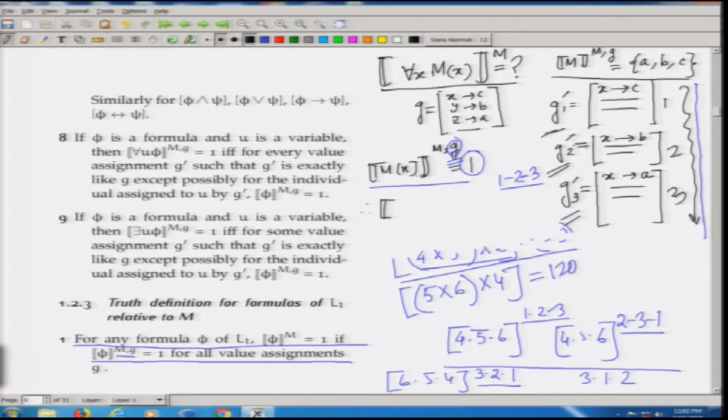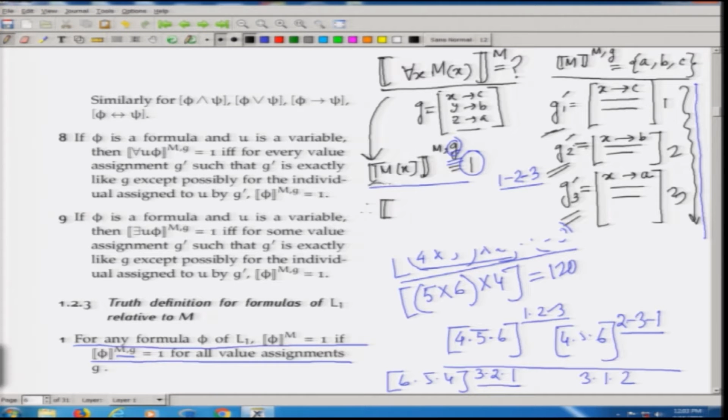So the first thing is, you see this is 1 if and only if this is 1, if and only if this is 1. We have seen for all value assignments g, that is this rule, that phi is a formula and u is a variable. All u phi, that is our all x mx, is 1 if and only if for every value assignment g prime, such that g prime is exactly like g except possibly for the individual assigned to u by g prime, the denotation of phi with respect to m and g is 1.